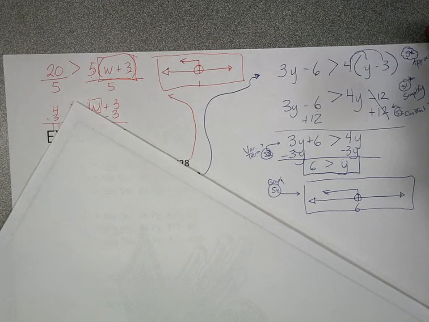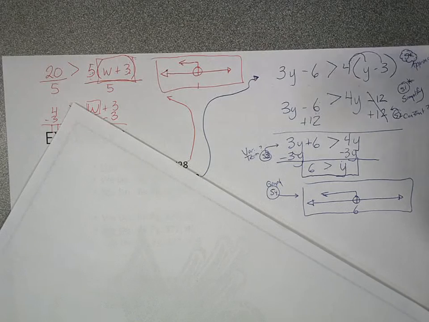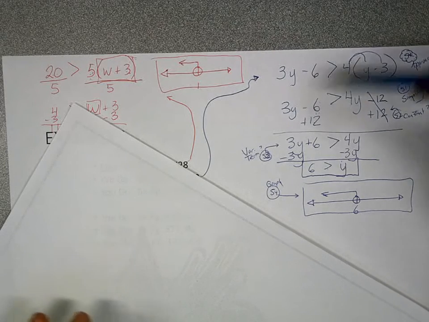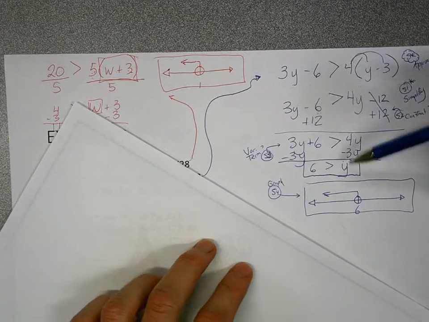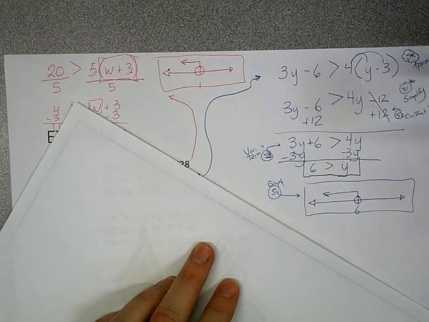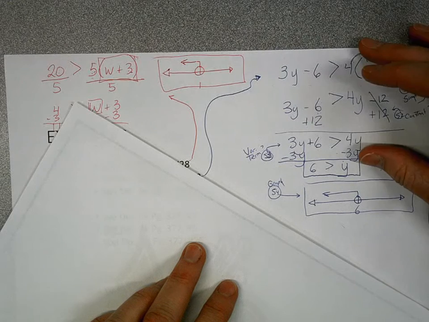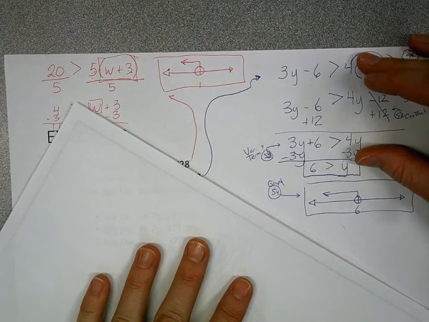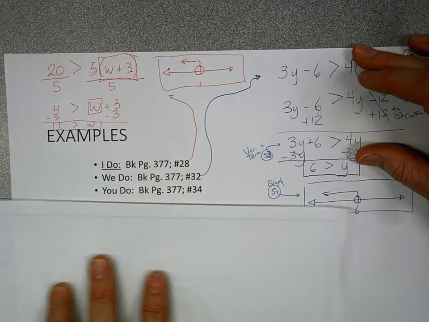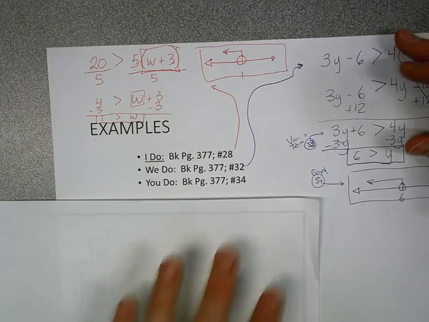Okay, so multi-step inequality. I did not multiply. If you go through a little too fast, it might be a good idea to just double check. Make sure you don't multiply or divide by a negative number, right? I subtracted here, but that's not multiplying or dividing. Okay? Questions? All right, here's the one I want you guys to try. Problem 34.